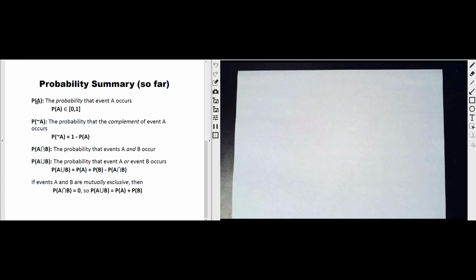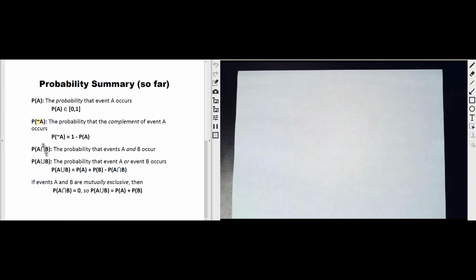The probability of some event A is guaranteed to be some number between 0 and 1 inclusive. The complement of A is any outcome, or any set of outcomes, that occurs that is not in event A. We denote that complement of A by tilde A, and it's guaranteed that the probability of the not A event is 1 minus the probability of the A event.